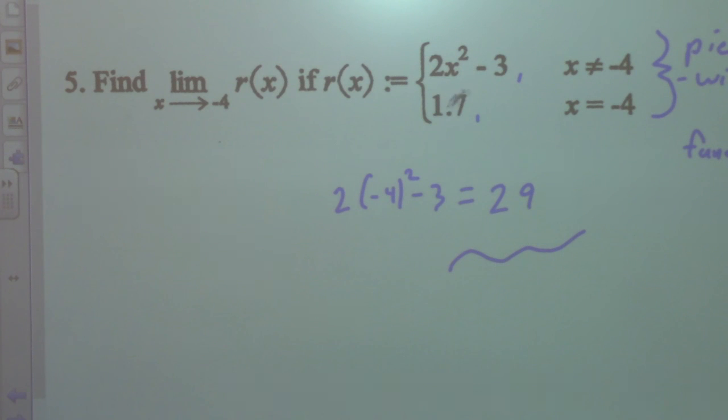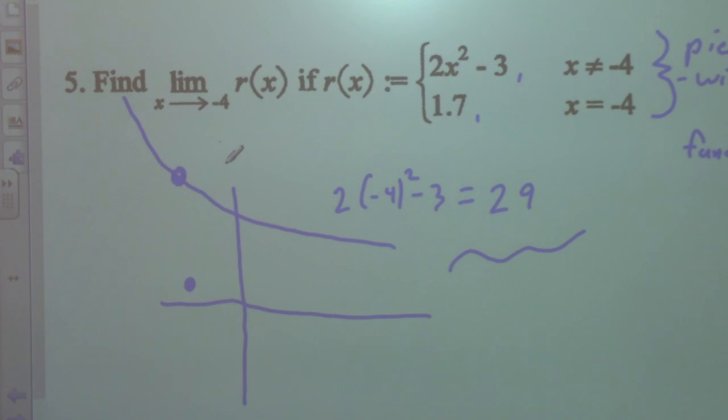Does it matter that at x equals negative 4 the function value is 1.7 and this is 29? No, it doesn't. Remember, at negative 4 the function is going right up to 29. What happens here? We have a hole, and where does that value show up? Right down here. So there's the value of 1.7, and this is a hole.